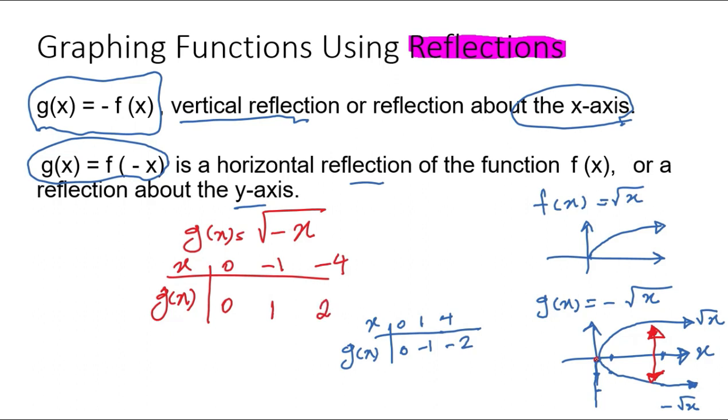So 0 and 0, negative 1 and 1, negative 4 and 2. In this case, it was reflected across the y-axis, or we say it was reflected horizontally.